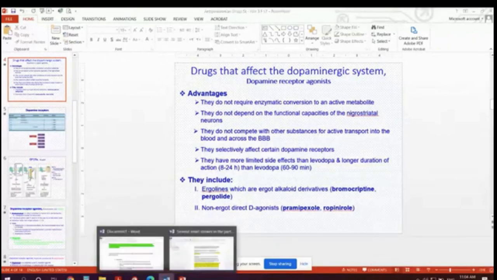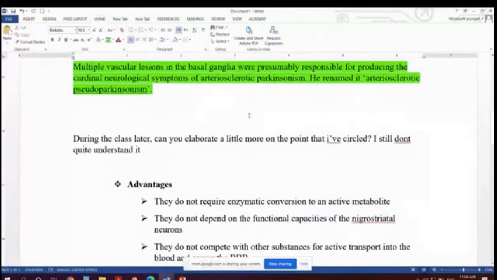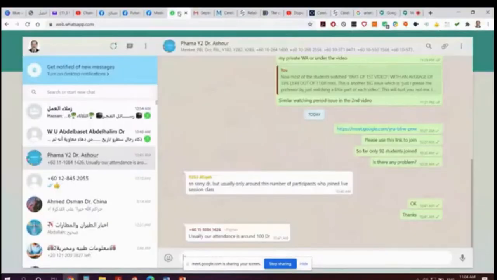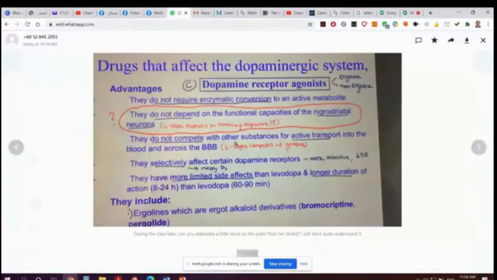I think this is the only question I received. I think this is what the student circled here, depending on the remaining dopamine. That was me, doctor. But basically, I think I understand it now.